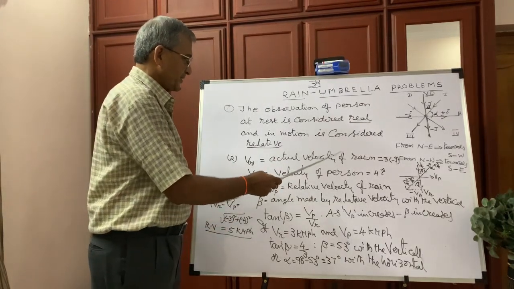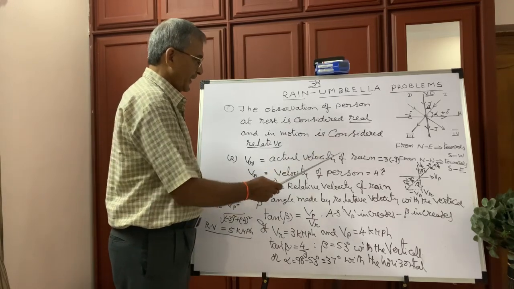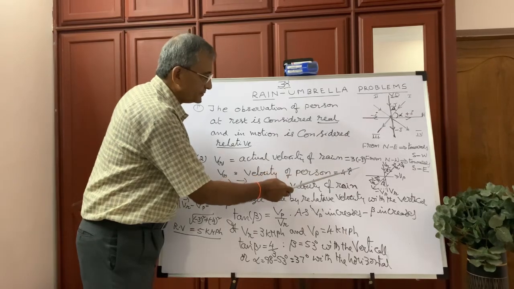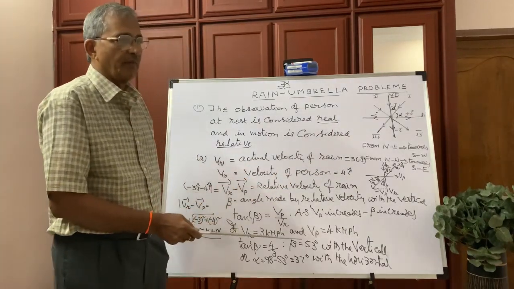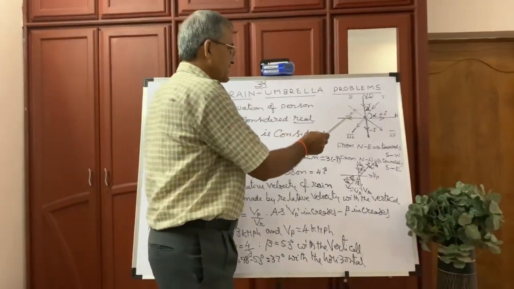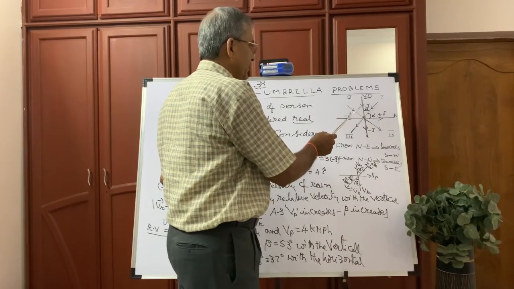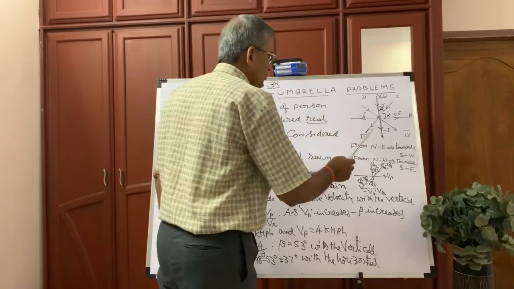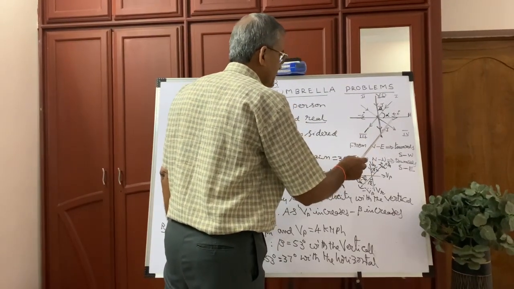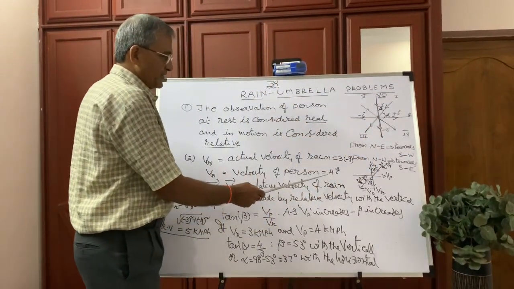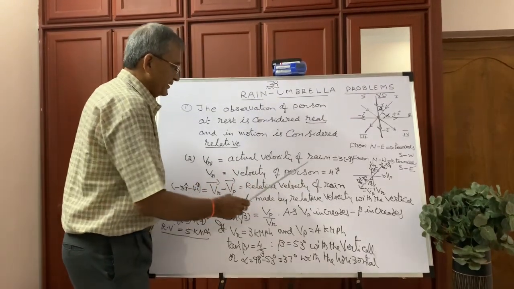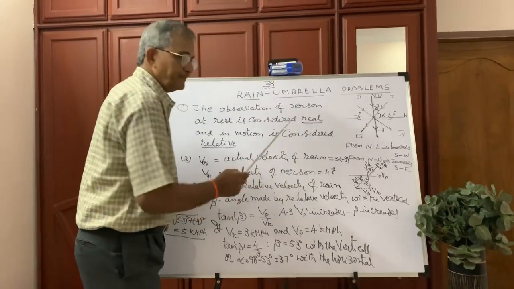And the directions, for example, you take rain velocity, rain is falling vertically down. Vertically down means I consider this direction as minus j cap, represented by the unit vector minus j cap. And the person is moving in the horizontal direction, for example, if the velocity of the person is 4 kmph, I represent the velocity of the person as 4 i cap.